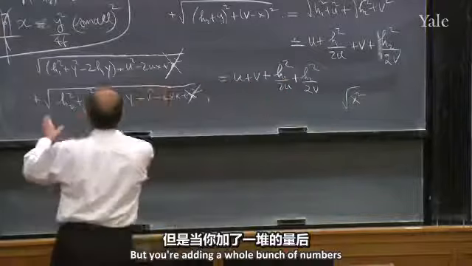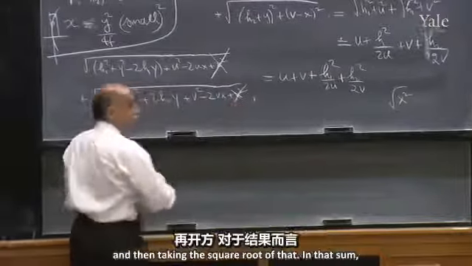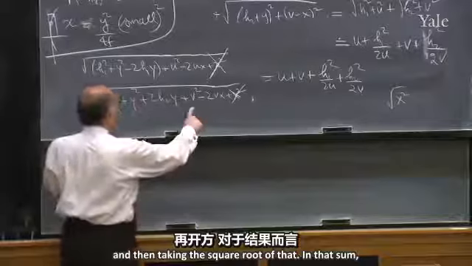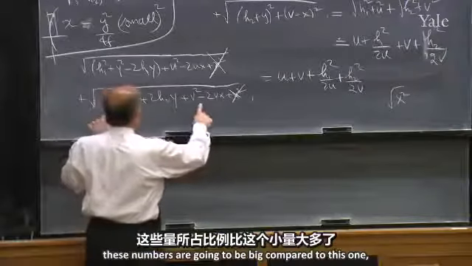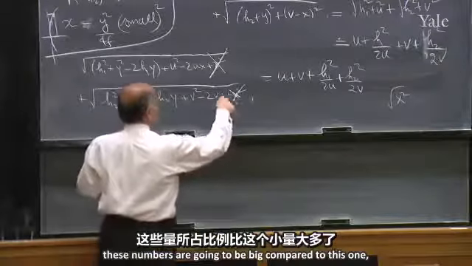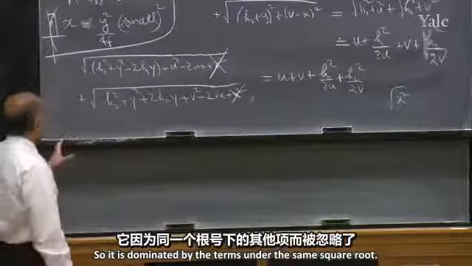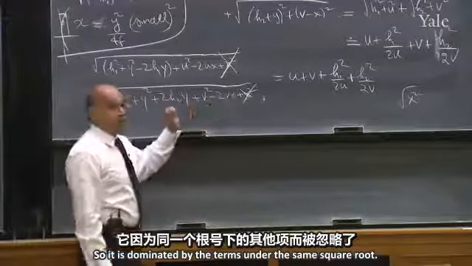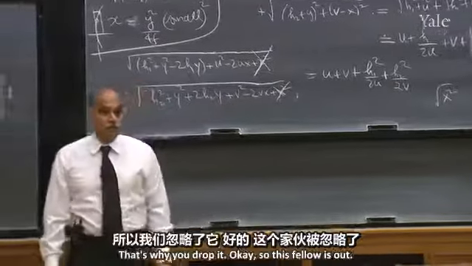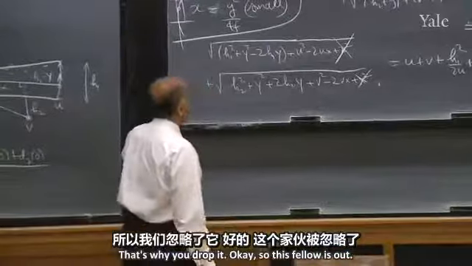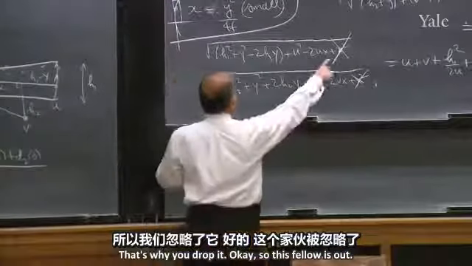But you're adding a whole bunch of numbers, then taking the square root of that. In that sum, these numbers are going to be big compared to this one, whether you take the square root or not. So it is dominated by the other terms under the same square root. That's why you drop it.